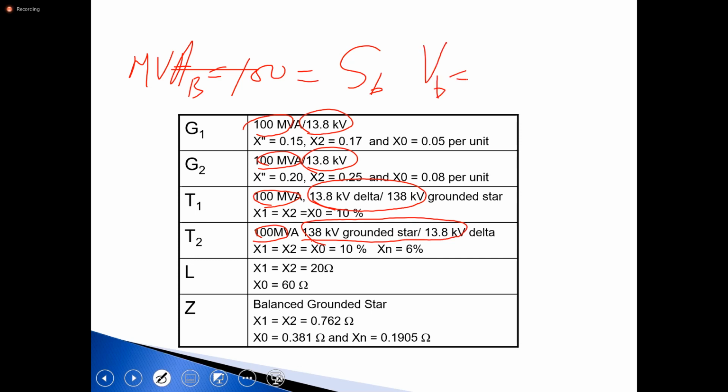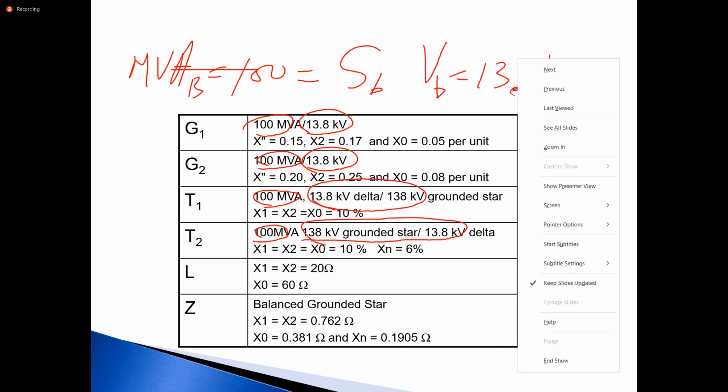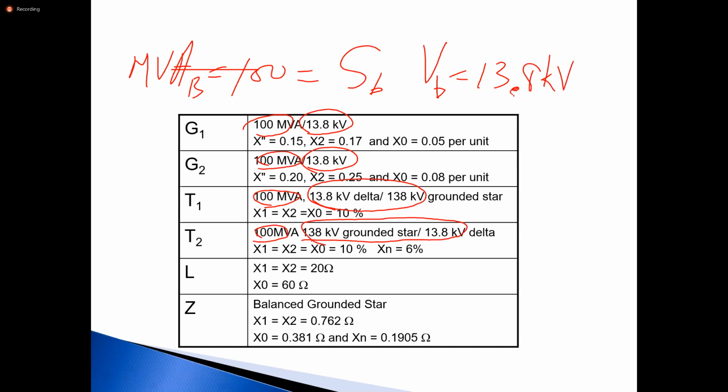And we can make V base 13.8 kV, let's say at G1.